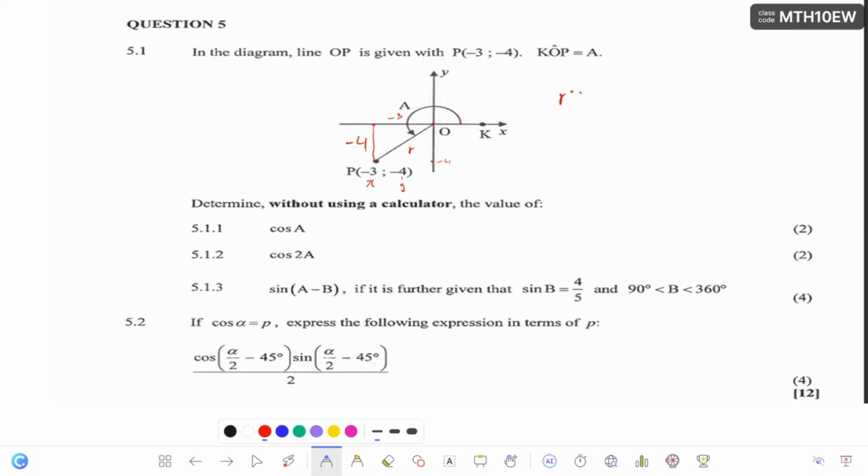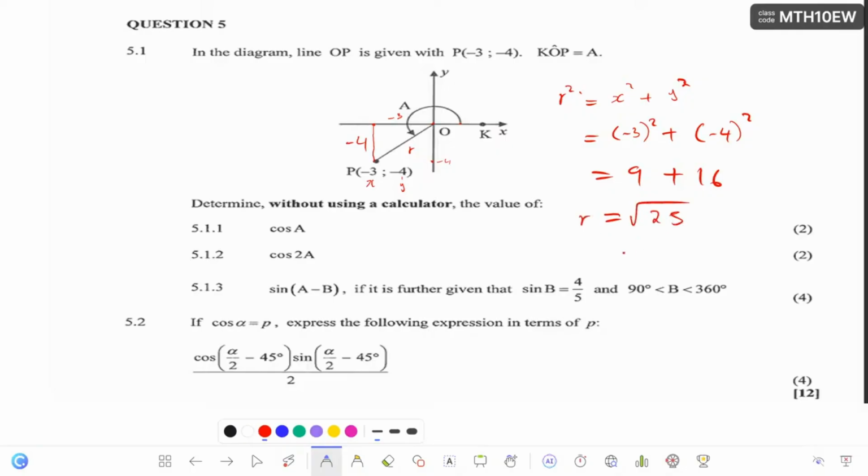So calculating R is going to be R squared equals X squared plus Y squared. X is -3 squared plus -4 squared. So this is 9 plus 16, which is 25.